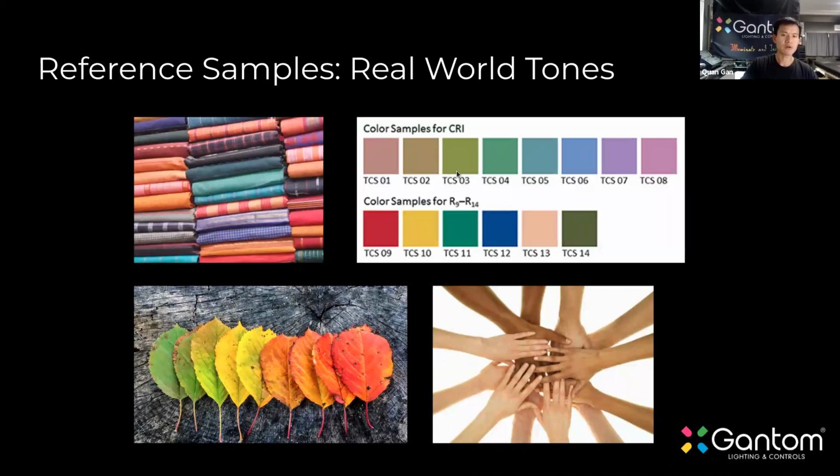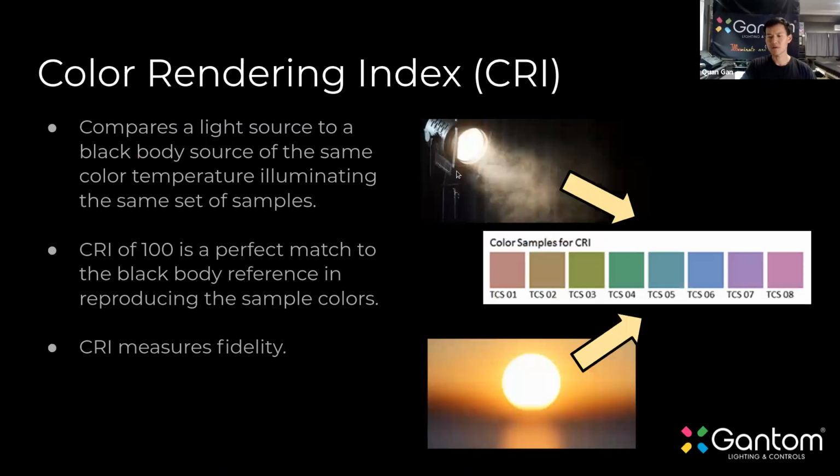And so when we are looking at the metric that tests how a light mimics the reference light, that is currently using the metric called CRI, or the Color Rendering Index. Essentially, we're taking a reference source, such as, let's just say, the sun, which is very close to a black body source.